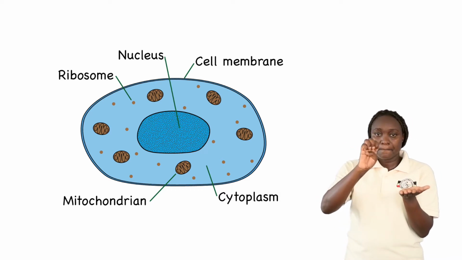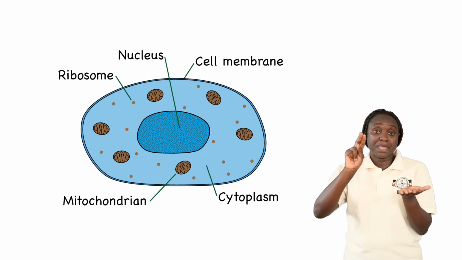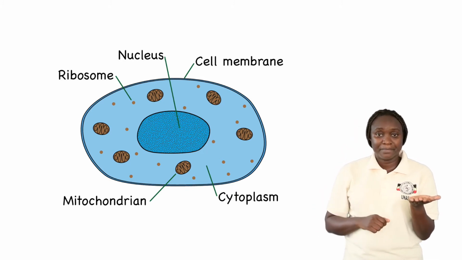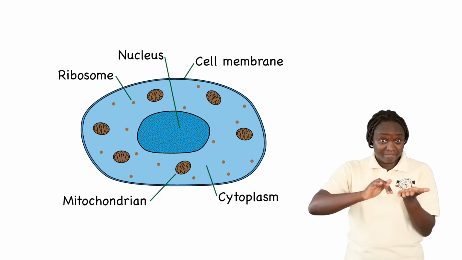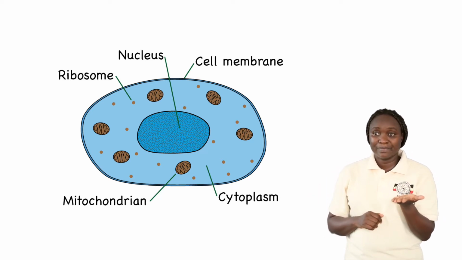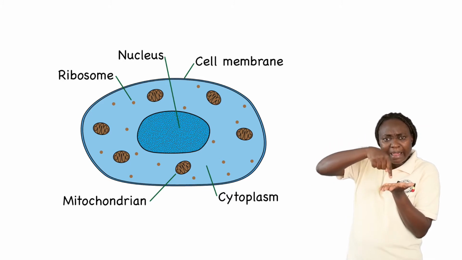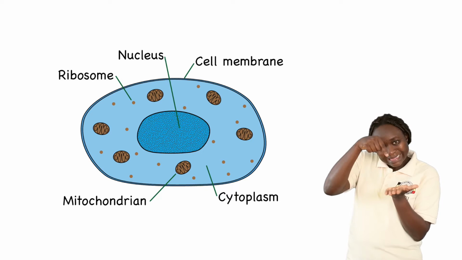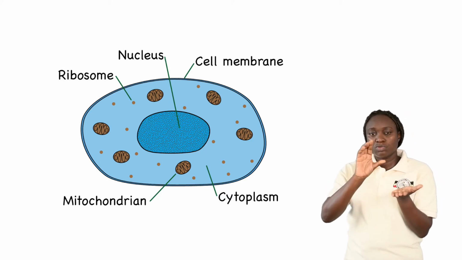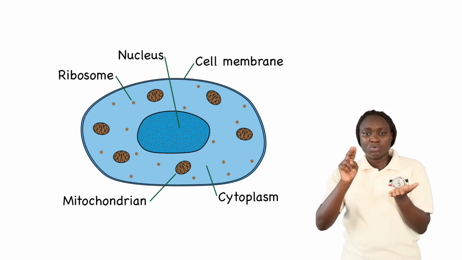Can we say that together? It is the cell membrane. The cell membrane surrounds the cytoplasm. And in the middle, at the center of the cell, is a part that we call a nucleus. Very good. Can we say it together?